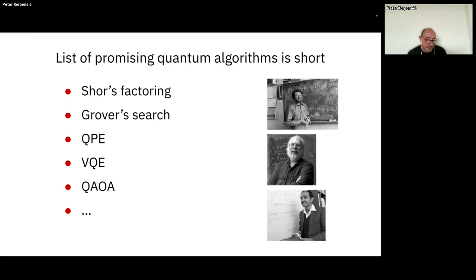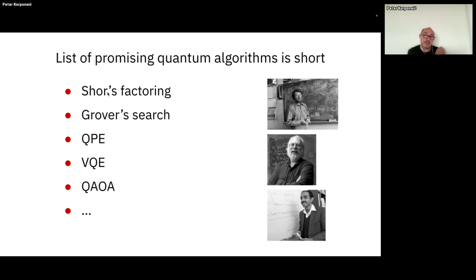If you are following quantum computing, maybe you know Shor's factoring algorithm, which is a threat, which could possibly someday break encryption which is used on the internet today.